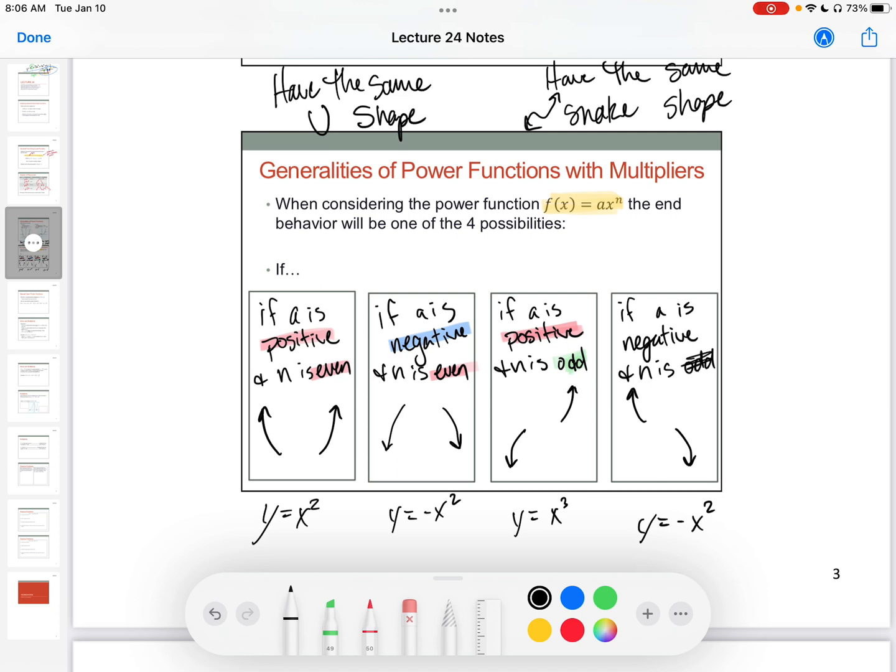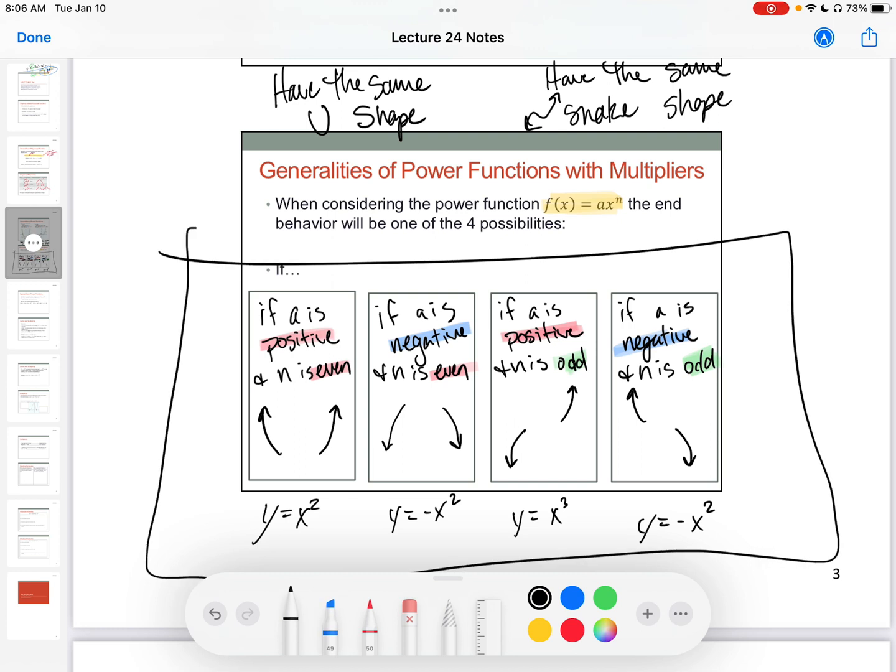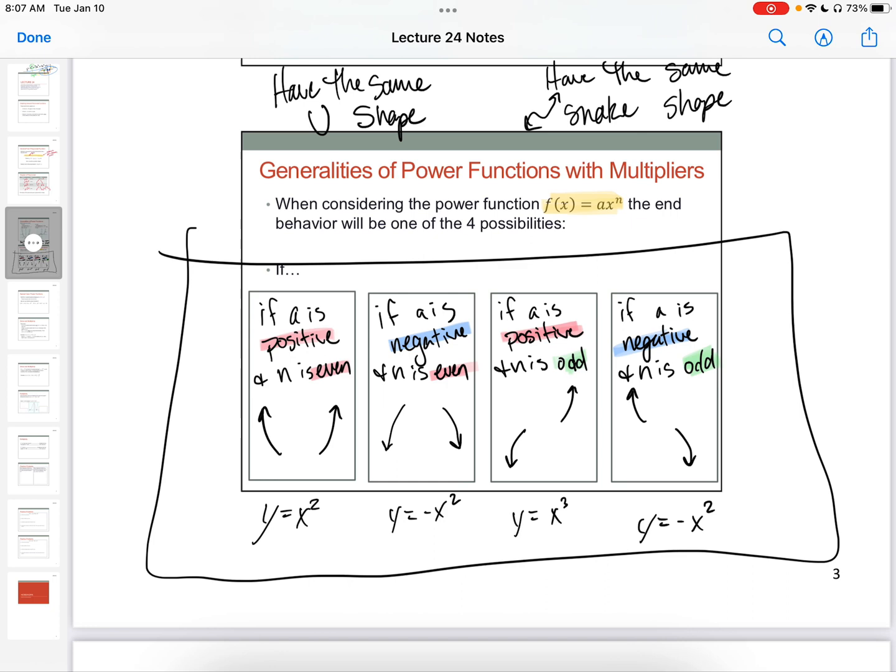So we're still dealing with n being odd, but now we are dealing with it being a negative. So it just causes it to flip. This whole thing here is a test question. So you need to make sure that you have that whole thing memorized. That is going to be a test question.